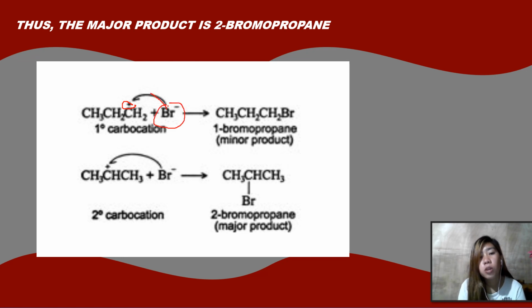Thus, it will connect itself to the carbon and will create the products of the hydrohalogenation. So first, we have here 1-bromopropane, which will be the minor product. And here we have 2-bromopropane, which will be the major product because the bromine here will attach itself to this second carbon here. This is what is happening.